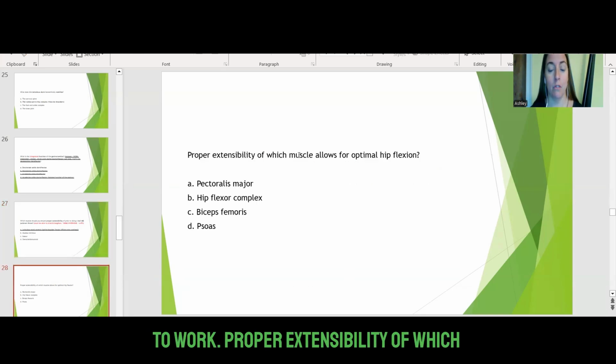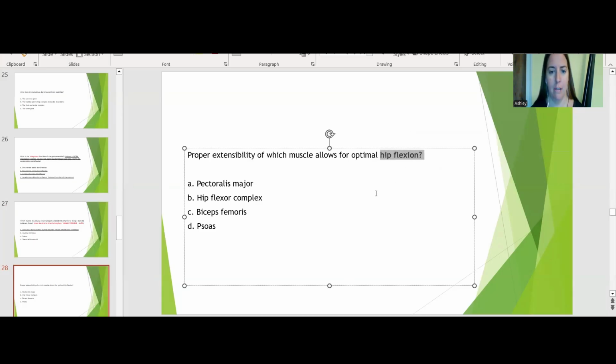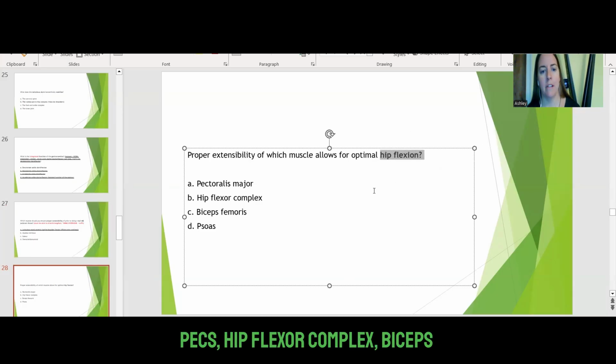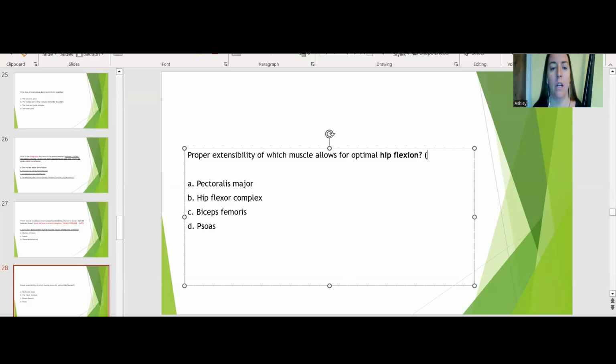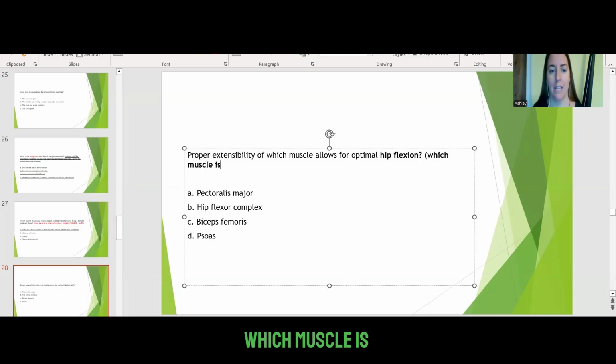Proper extensibility of which muscle allows for optimal hip flexion? Pecs, hip flexor complex, biceps femoris, psoas. So now we have to ask ourselves, which muscle is stretching during hip flexion?